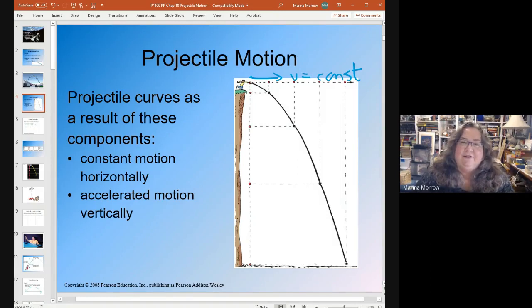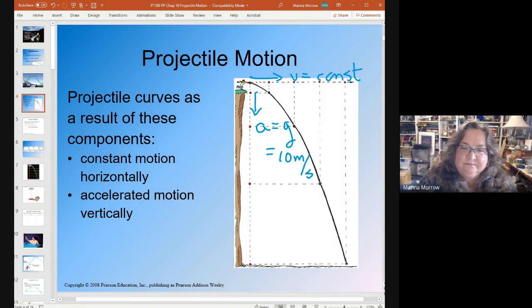Whereas in the vertical direction, there is a force, the force of gravity. So it's accelerating, and accelerating at the rate of g, 10 meters per second squared. Okay, so there is acceleration in one direction, but not the other.